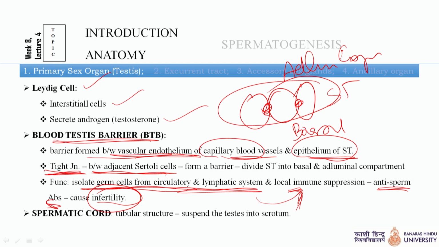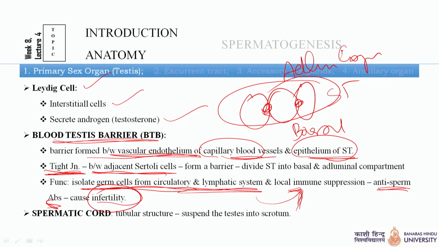So just to avoid this infertility, nature has created the blood-testis barrier where the Sertoli cells come and are present adjacent to them. With the help of the tight junctions, it divides the seminiferous tubules into basal compartment and adluminal compartment.